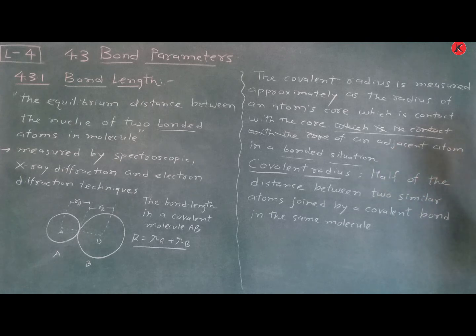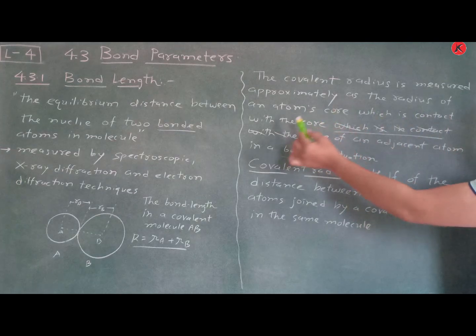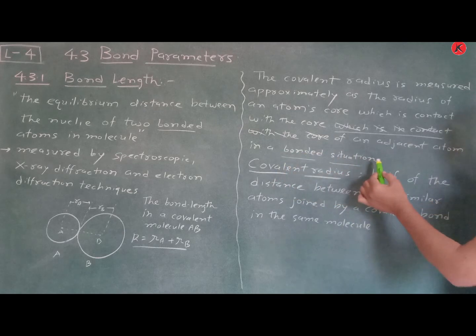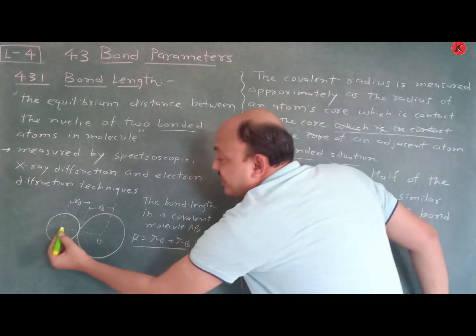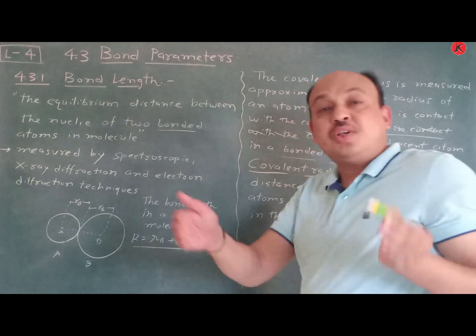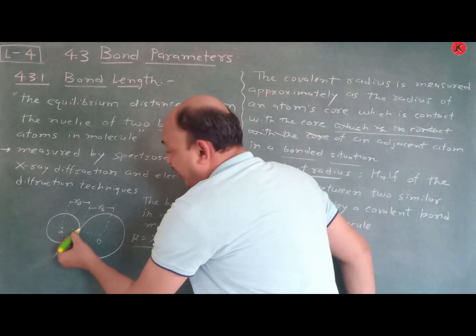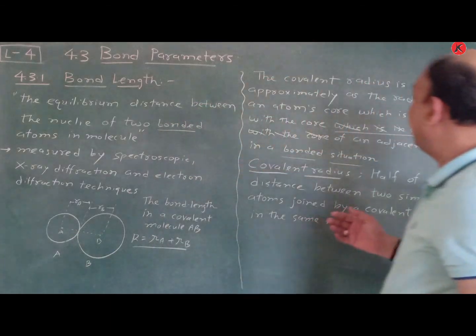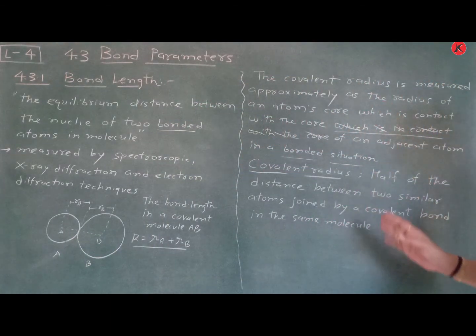This is considered as the core, in the bonded situation only. So they join here, and this distance is considered as the covalent radius.